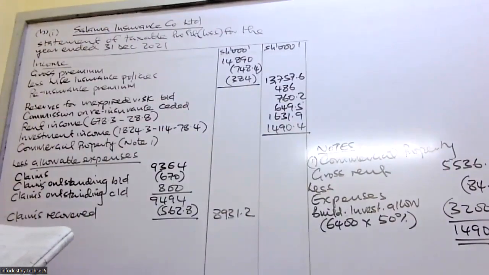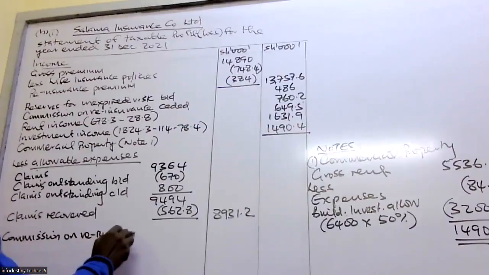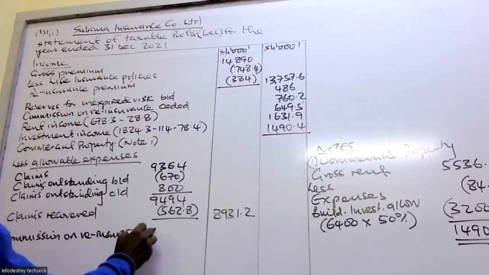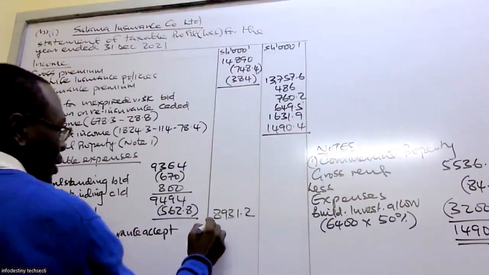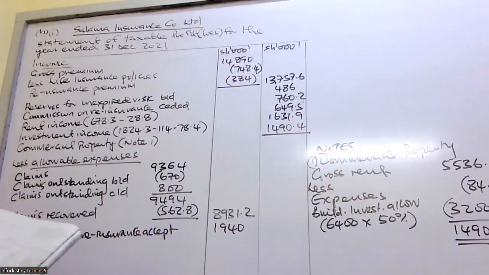The other expense would be commission on reinsurance accepted is 1940. Foreign exchange loss is allowable, that's 342.5.